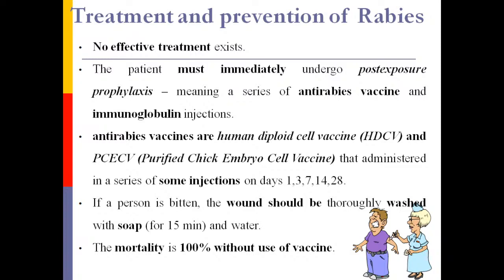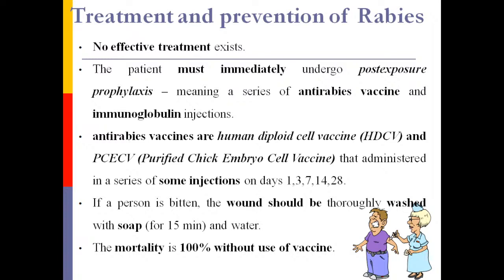There are two types of anti-rabies vaccines. These are human diploid cell vaccine, HDCV. It's called diploid because this vaccine is created by cultivation of virus in diploid cells. Another one is purified chick embryo cell vaccine, PCECV, created by cultivation of virus in chick embryo.